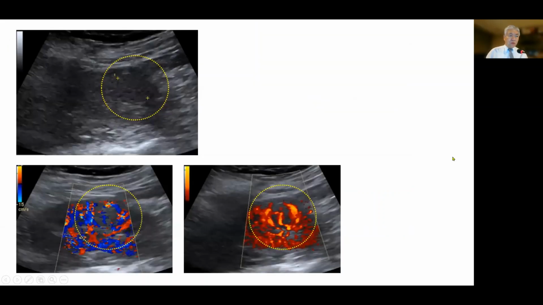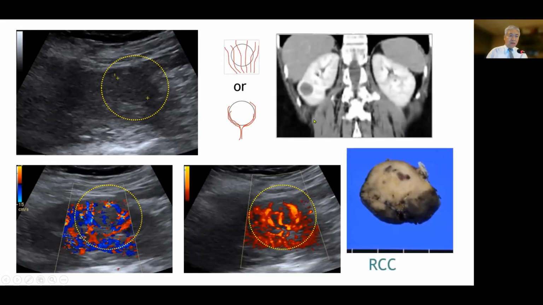Now here's a solid-looking, slightly hypoechoic mass, which has a vessel pattern at color and power Doppler ultrasound. Which pattern do you think this mass has? Yes, probably you may recognize this is a true tumor pattern, and it was a renal cell carcinoma.